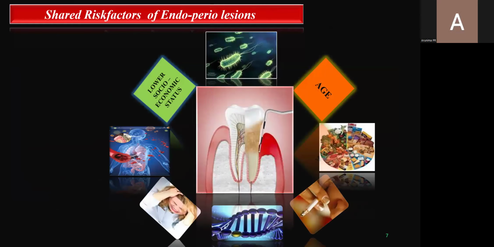So what are those shared risk factors? As you know, they have a common microbial etiology, as well as age, to an extent diet, risk factors like smoking, and to an extent genetics, stress, and other systemic connections, and lower socioeconomic status.